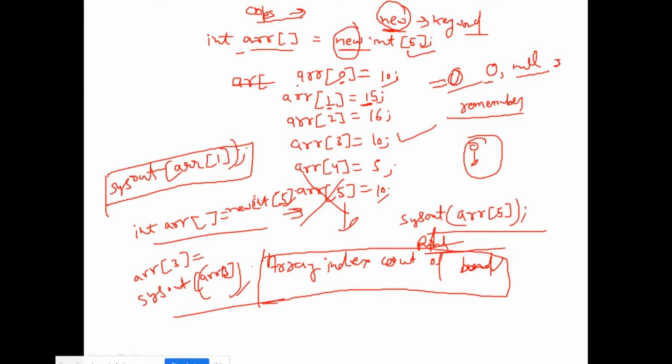But I have assigned array index 0 over here, and you can assign any value you want. Negative value is an integer value, right? So this will be printed. Those values will be 0 by default. If you don't assign, the value will be 0.